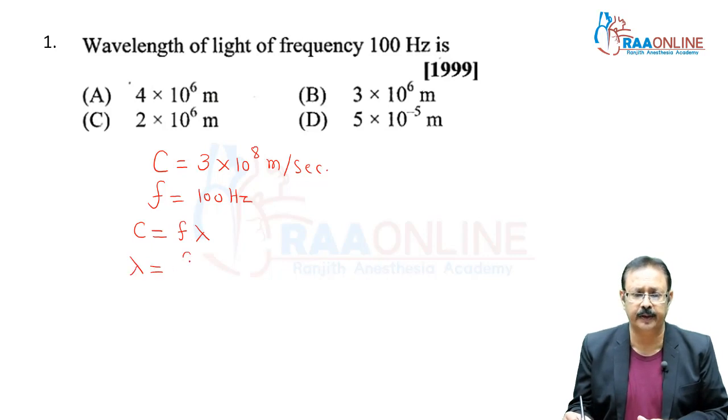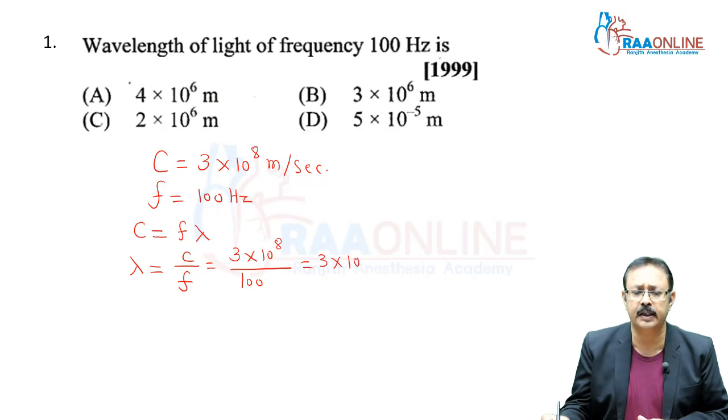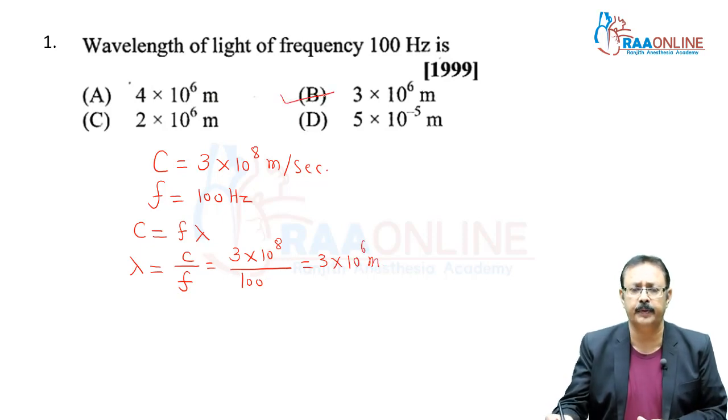So lambda should be C by F, which is 3 into 10 to the power 8 divided by 100. So what we are getting? 3 into 10 to the power 6 meter. So we will go with option B.